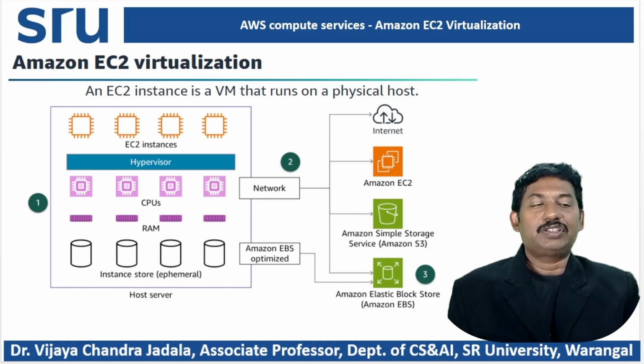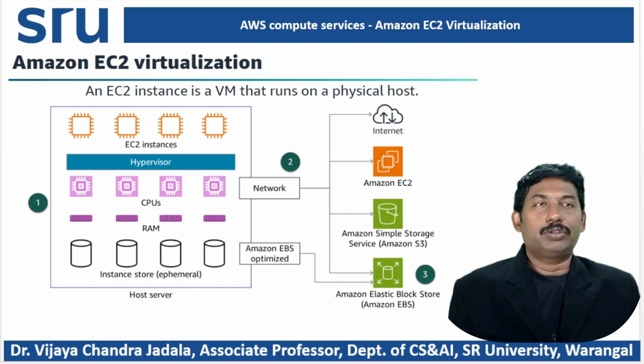The first step is related to the EC2 instances, hypervisor, CPUs, memories and storage, which all come from the host server, and this is connected with the network through virtual private cloud, where it will have the security through security groups and security keys, and this will be connected through the internet, that is, instances which are in the host server will be connected through the network with storages such as Simple Storage Service and Elastic Block Storage.